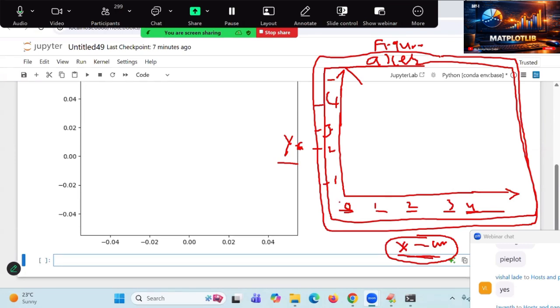Y ticks are for what? 0, 1, 2, 3, 4. Y limit is up to what? 0 to 4. X limit is up to, here I am going to write sales. For example, sales. This is called what? Profit. What is the profit called? Y label. Y-axis label. X-axis label is what? Sales. Are you following me?